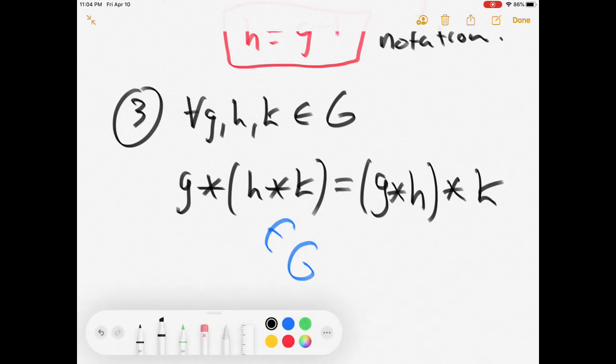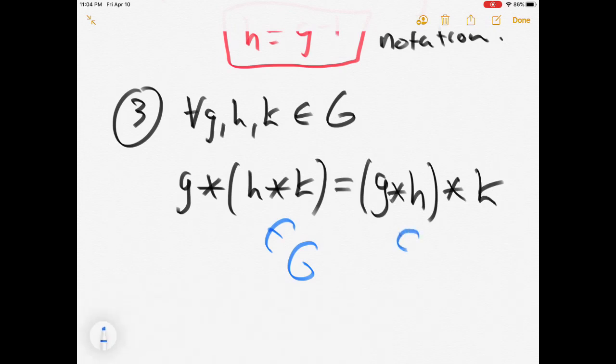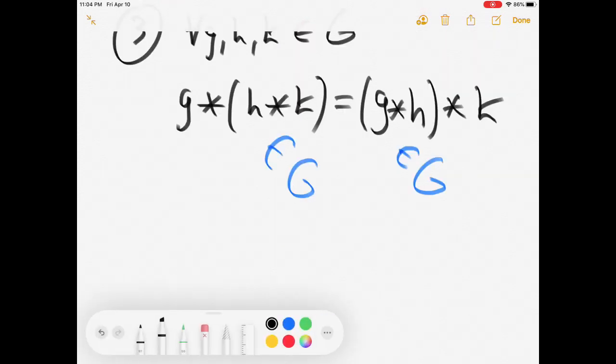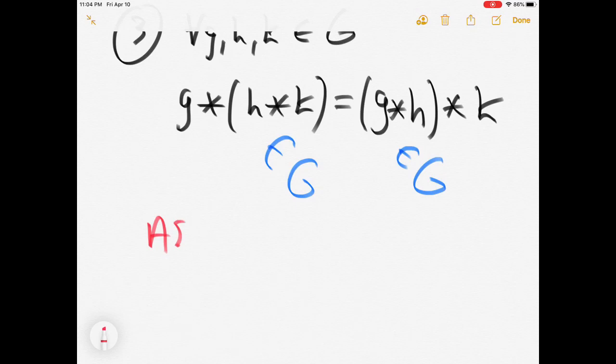I get the same result. And remember, g star h is also an element of G. This property is called associativity.